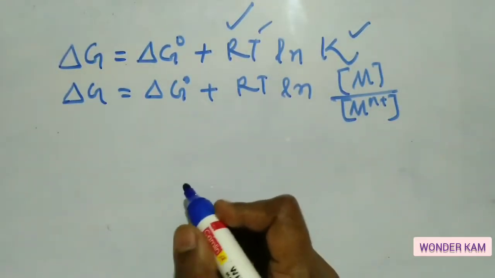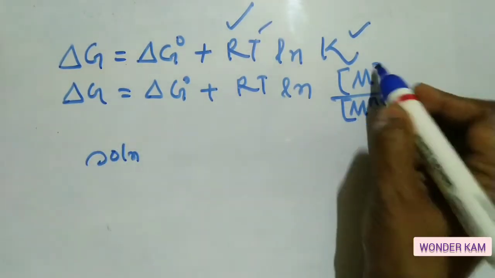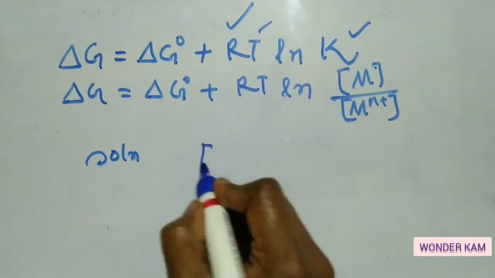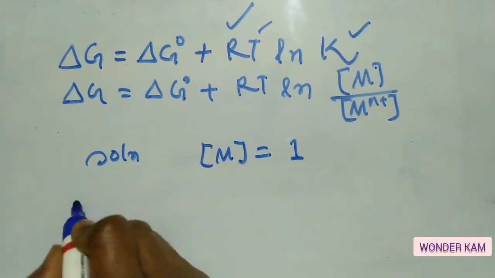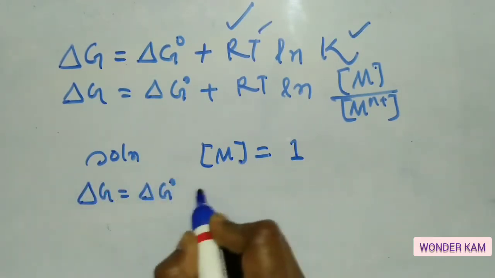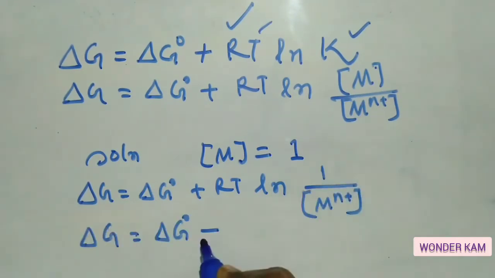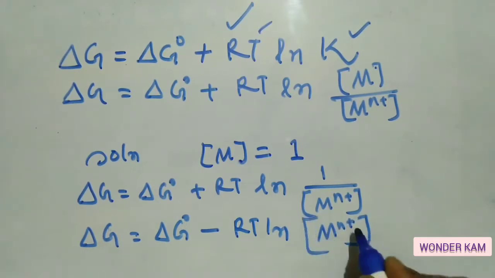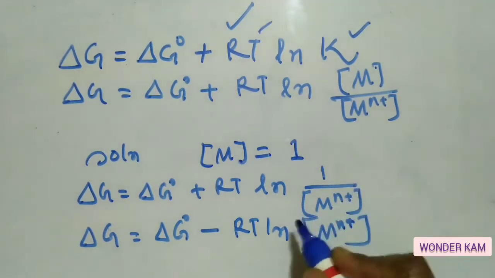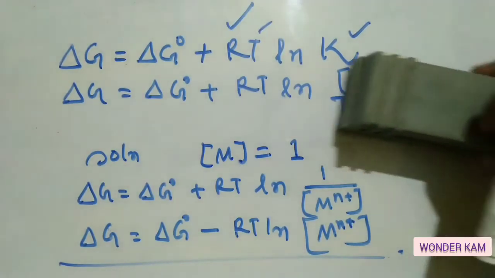In solution, the concentration of the solid metal is negligible and is considered as 1. So the equation becomes ΔG = ΔG° + RT ln 1/[M^n+], which is ΔG° − RT ln [M^n+]. The sign becomes a minus and it goes to the numerator. I'm just cleaning the above portion.